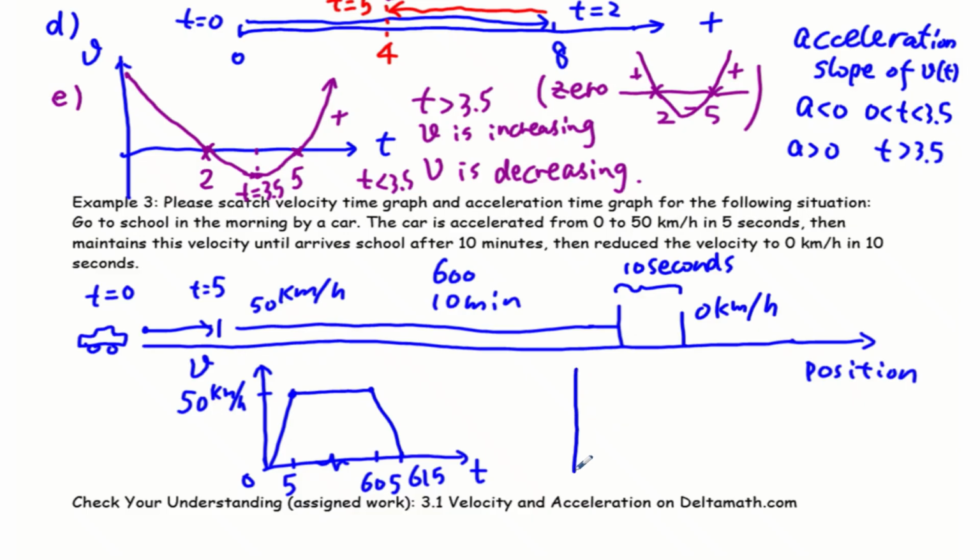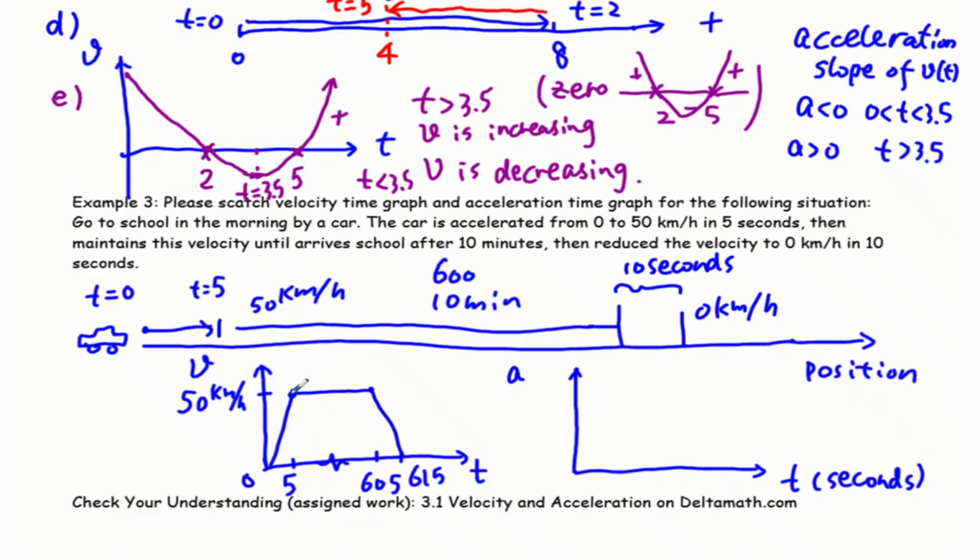Then after that, we are going to draw another one, acceleration and time. This is in seconds, and this one is kilometers per hour. We could convert it to other units, but we can just leave it there. For acceleration, we need to find the slope.